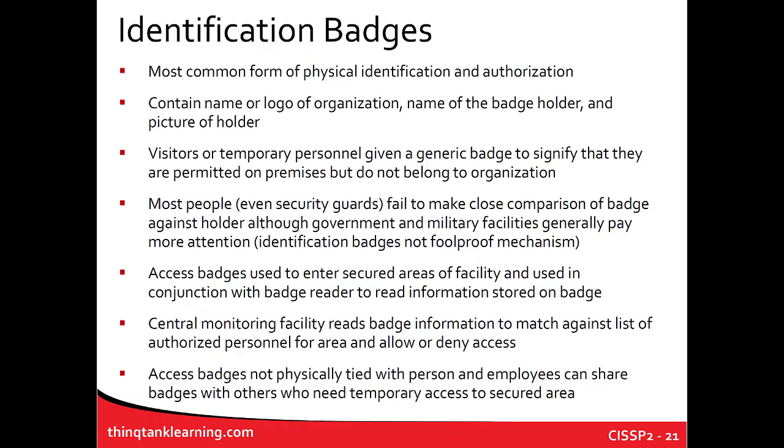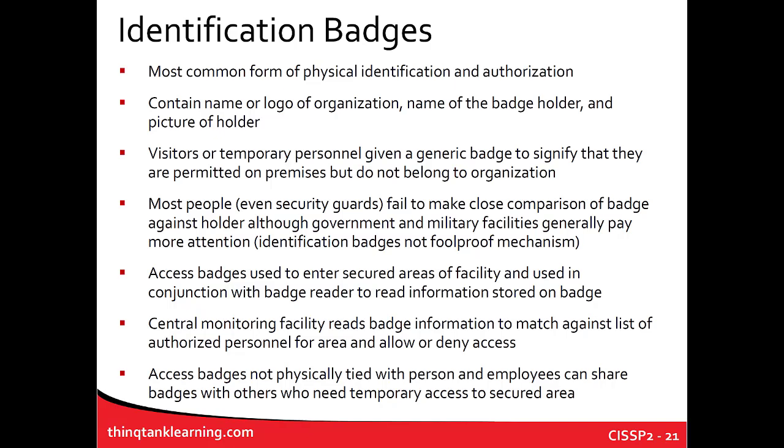Identification badges. The most common form of physical identification and authorization is a badge. It's going to contain the name or the logo of the organization, the name of the badge holder, a picture of the holder, and so on. Right? It's really one of the most commonly used physical access control pieces.